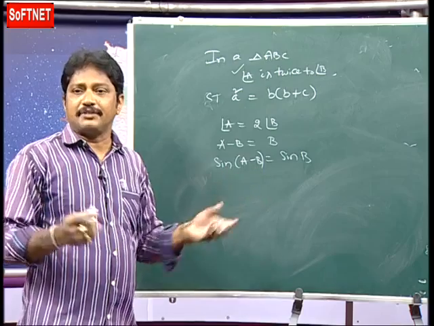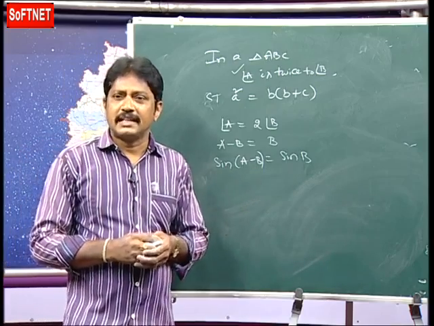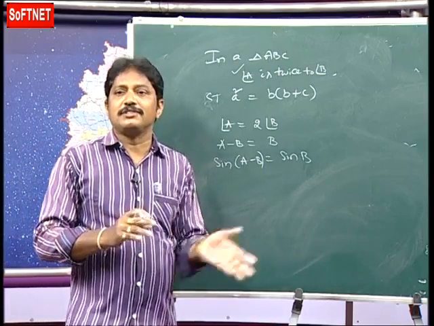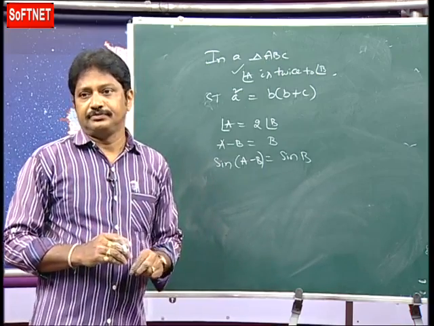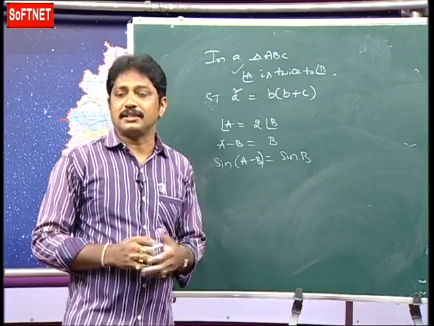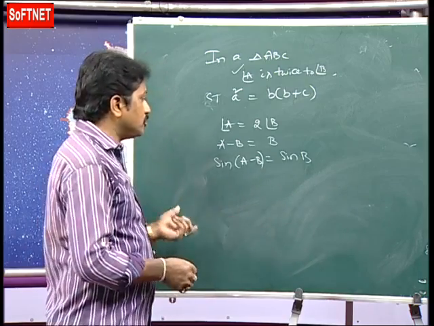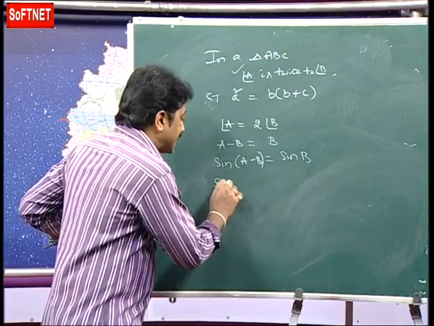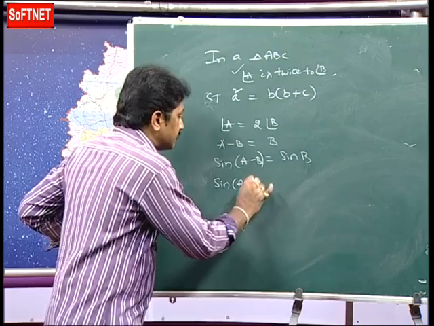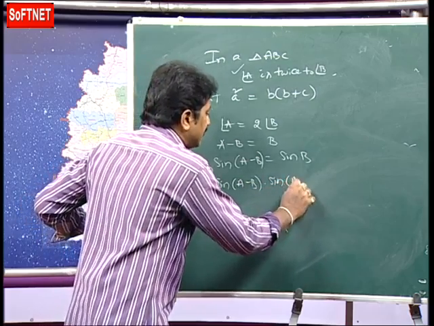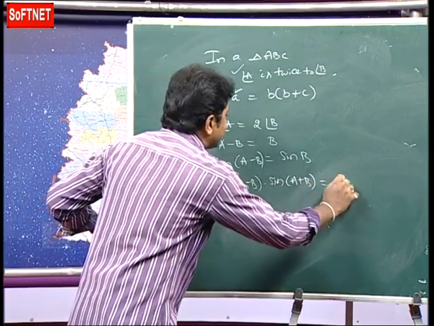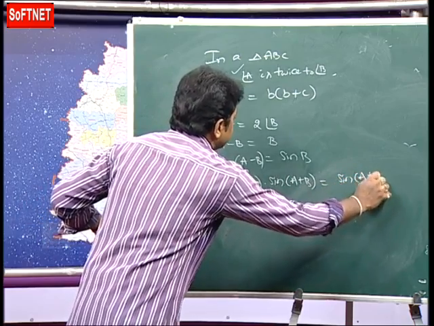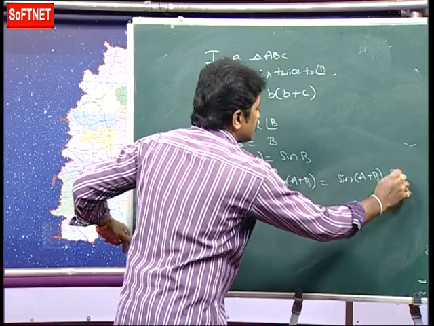What is the use? It is an application of trigonometry in geometry. Now I am going to multiply both sides by the sine of A plus B. So sine of A minus B into sine of A plus B is equal to sine of A plus B into sine B.